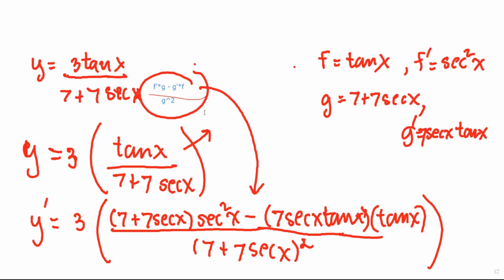Okay, let me see. You see tangent here, tangent here. What do you see as a common factor? 7. I'm going to take this out. So 7.